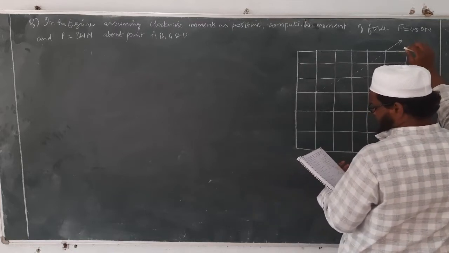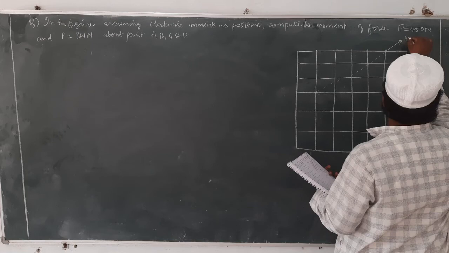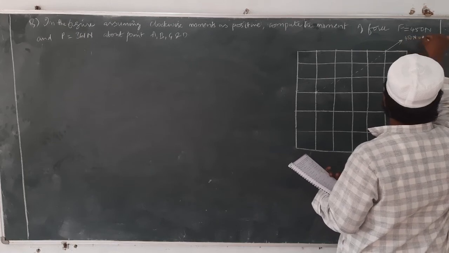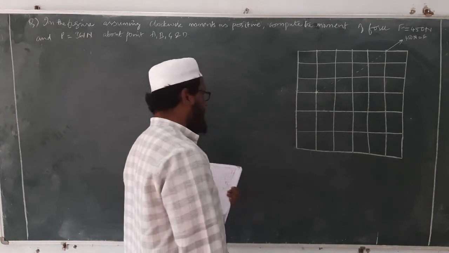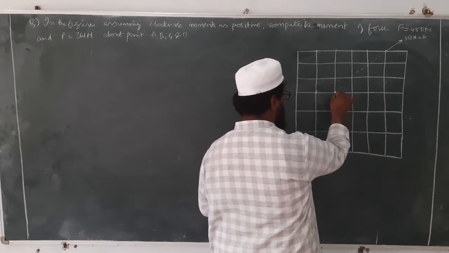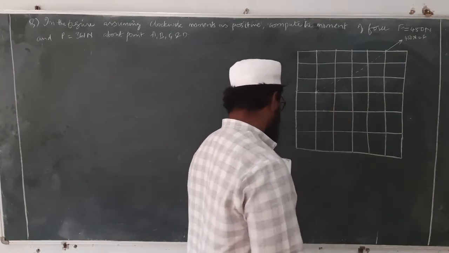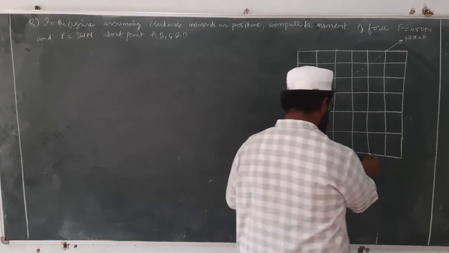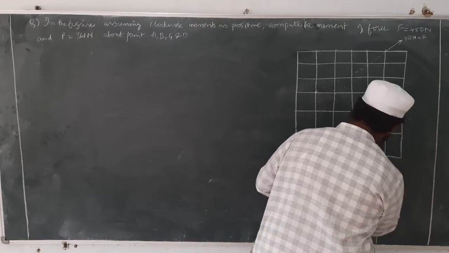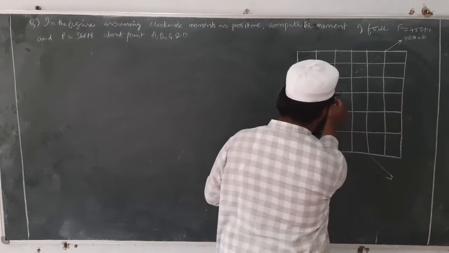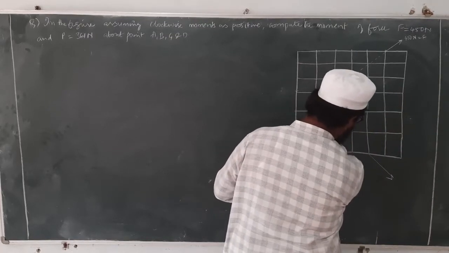This force is F, which is equal to 450 newtons. This is F. Okay, we have one more force here which is projecting from this point, and so it is going like this.